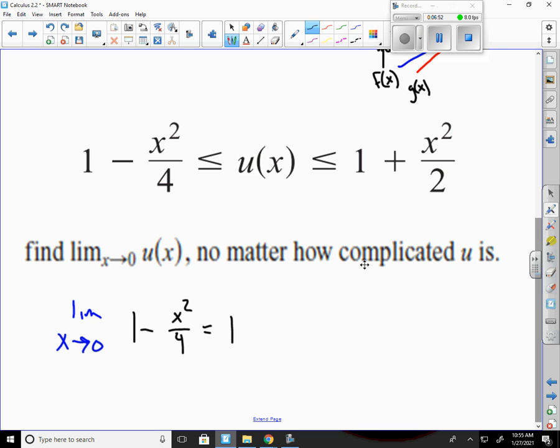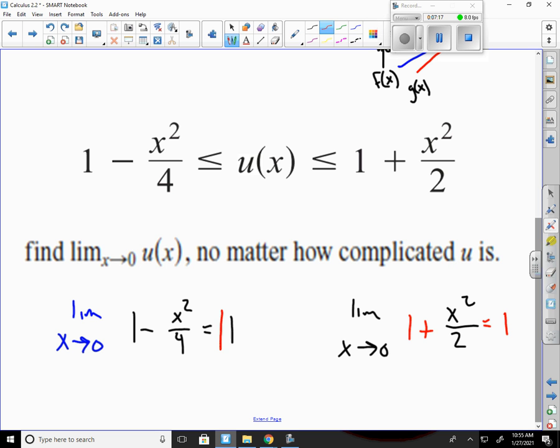If I look at this function over here, I have the limit as x approaches 0 of 1 plus x squared over 2. If I plug a 0 in for x, that gives me 0 squared, which is 0, divided by 2, still 0. 1 plus 0 is 1.